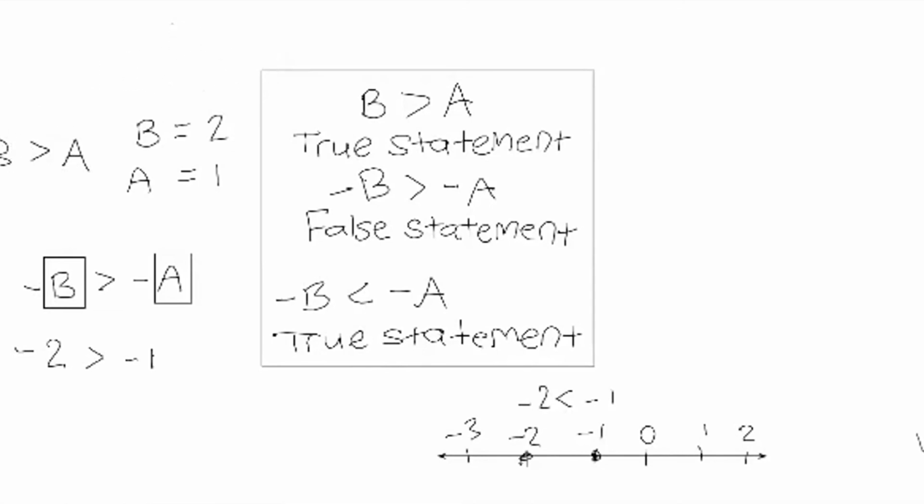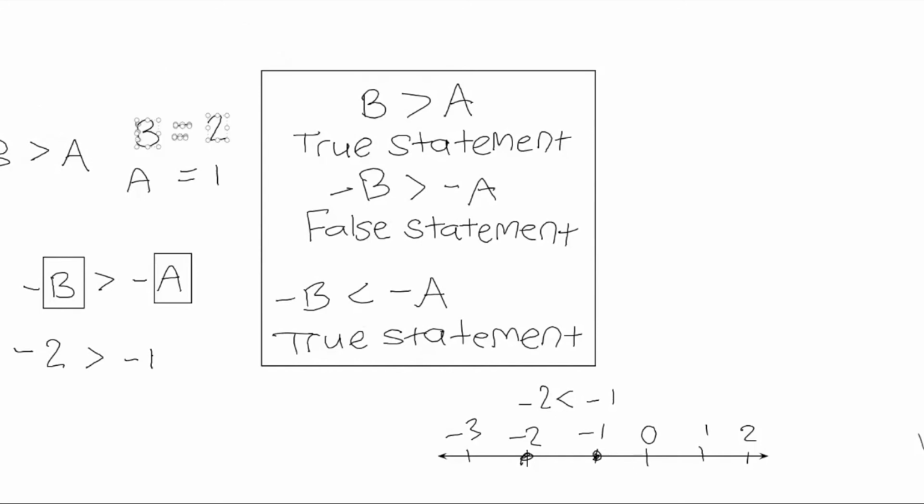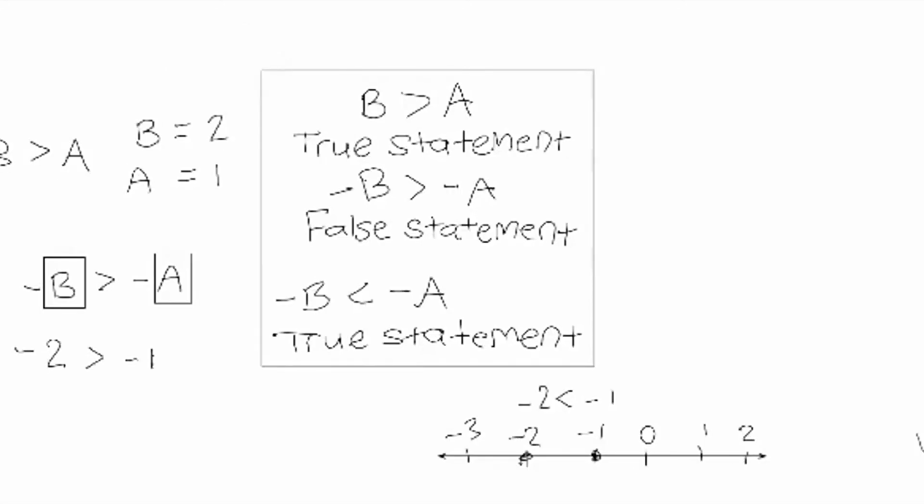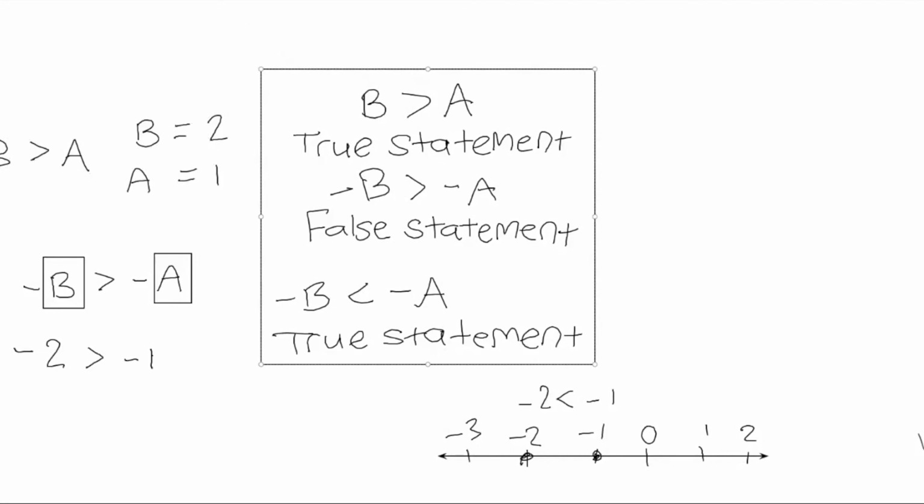B is greater than A. So we have a positive number, another positive number. So this whole thing is true then. So that's what you're asking, right? An example with positive numbers that's true. So that would be this one right here. B is greater than A is true if we have positive numbers.